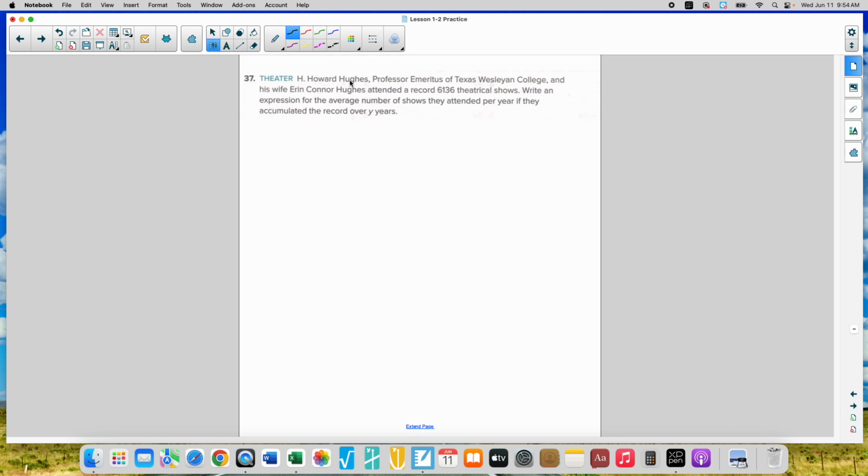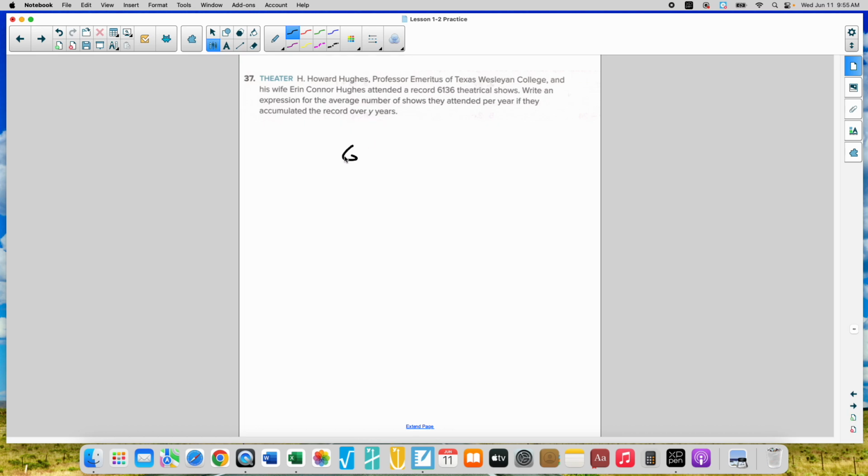Howard Hughes, Professor Emeritus of Texas Wesleyan College, and his wife Erin Connor Hughes attended a record 6,136 theatrical shows. Write an expression for the average number of shows they attended per year if they accumulated the record over y years.